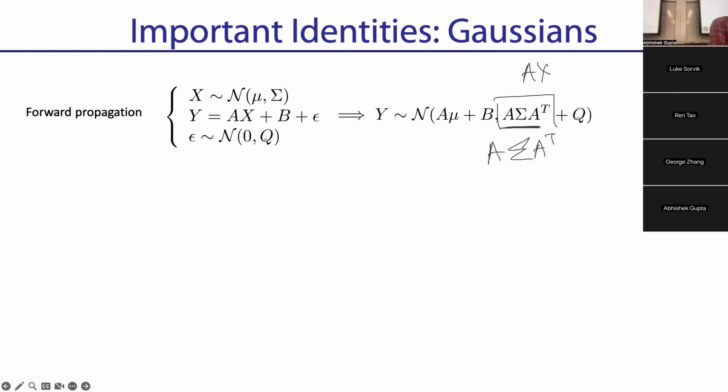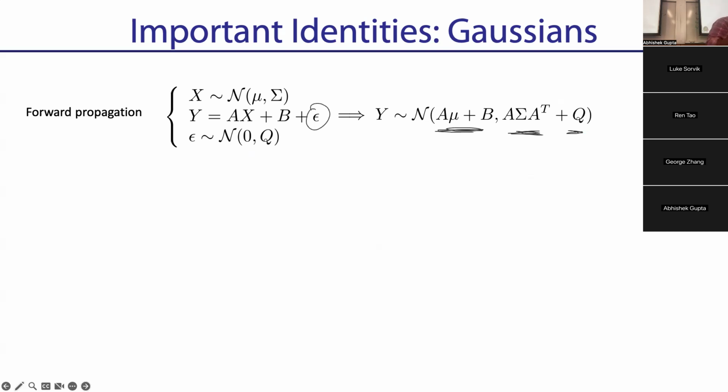Then you add noise epsilon, centered at 0 with extra variance Q, which means your Gaussian is now a little wider because you added more noise. So this shifts the mean, this scales the variance, and this adds the extra variance from the noise.